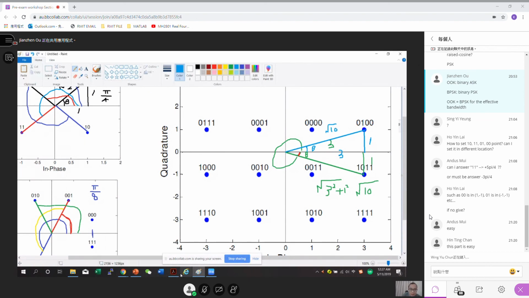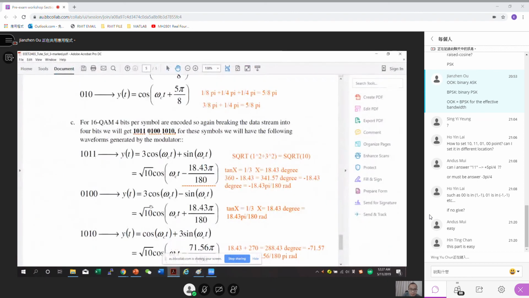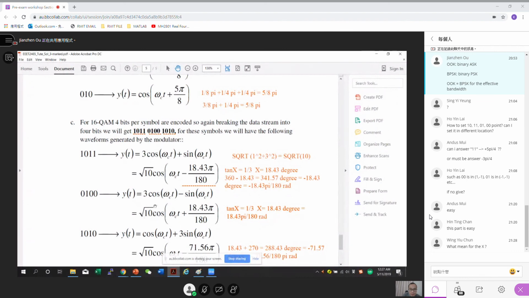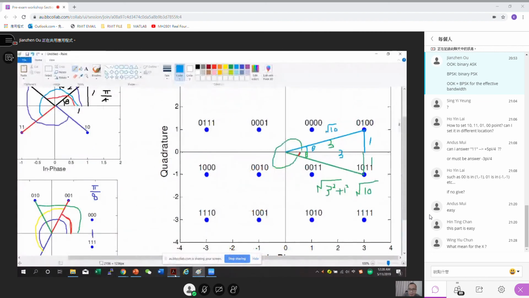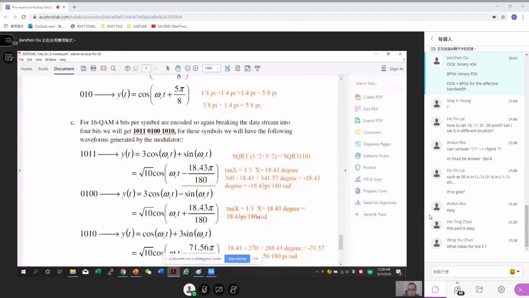That's why it's square root 10 here. Then now is the angle. So again, use tangent. Tangent theta equals 1 over 3. So you do the arctangent again, and it becomes 18.43 degrees.